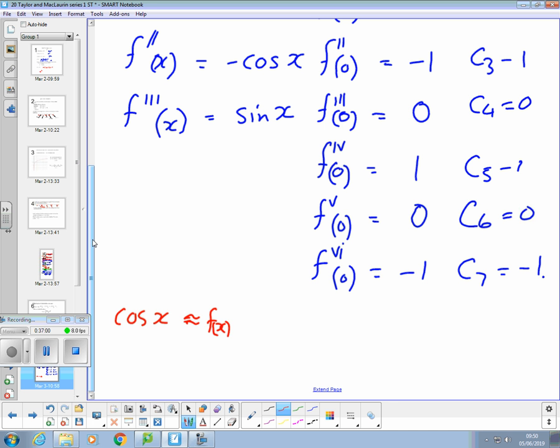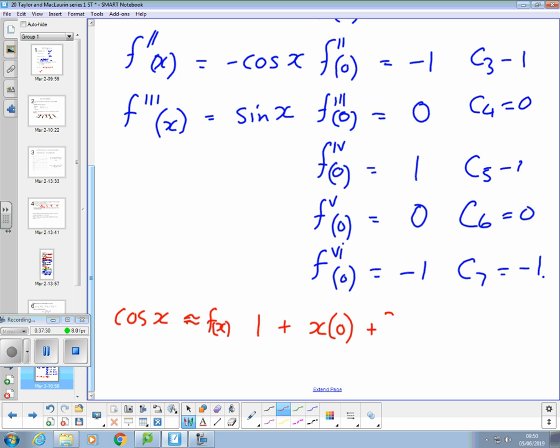I'm going to put approximates to, because unless you do an infinite number of terms, it's not exactly equal to. Alright? We've got the first constant is 1. The x term, the constant is 0. Putting them in for now, even though they're 0.